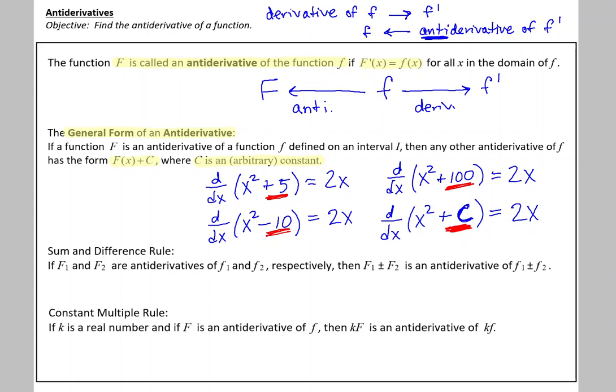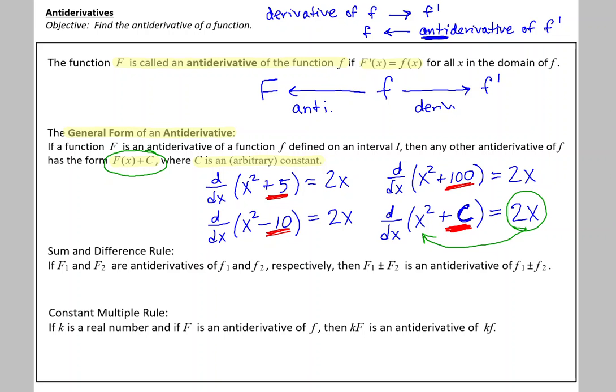So when I'm thinking about taking the antiderivative of 2x, it's going to be, what does the variable expression have to look like, but then plus some arbitrary constant, because the derivative of any constant is 0. So the general form of an antiderivative is always capital F of x plus c. Thinking backwards to what could the original function be plus a constant every time.